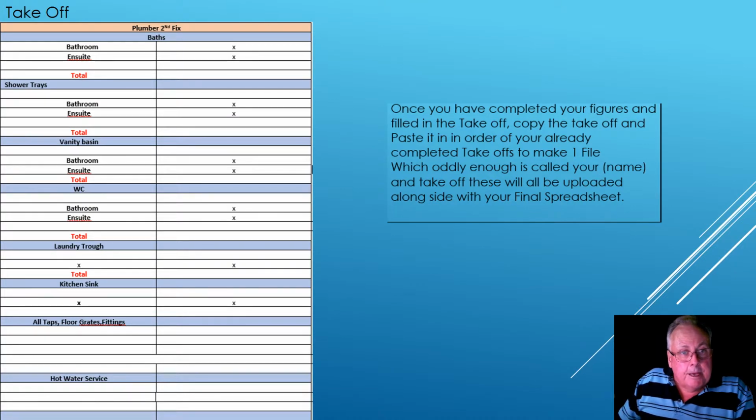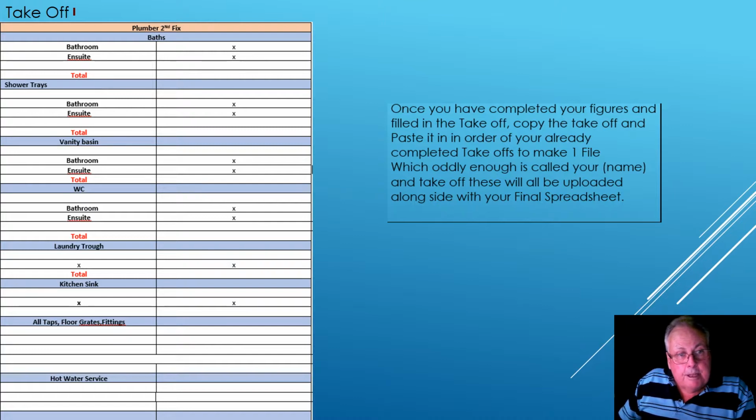All right, here's our list, and what you can see for the takeoff is fairly simple. What's the area for the bathroom and the ensuite? And you can put those figures there. How many shower trays?